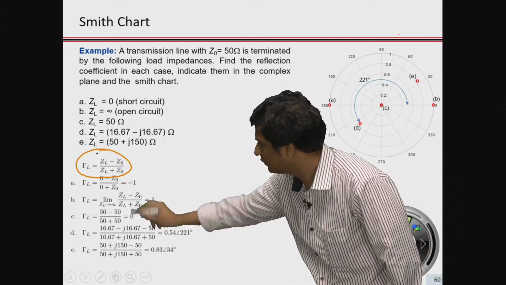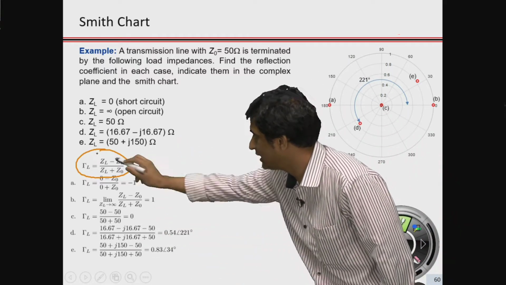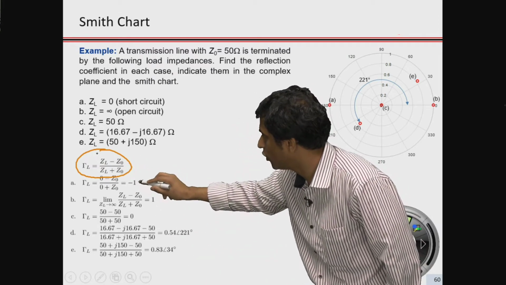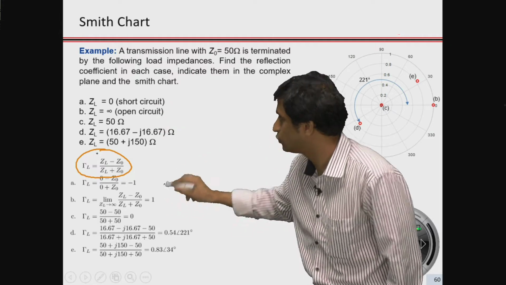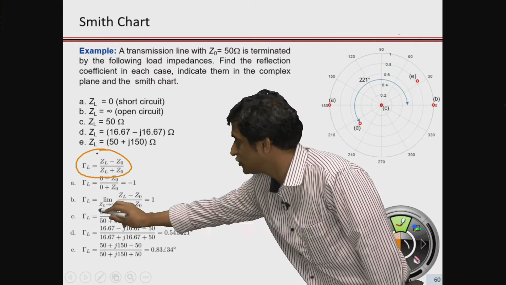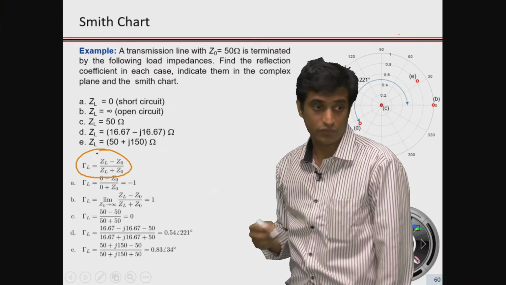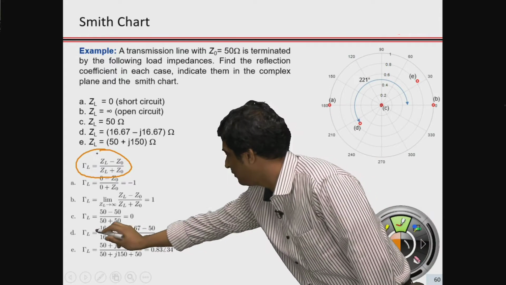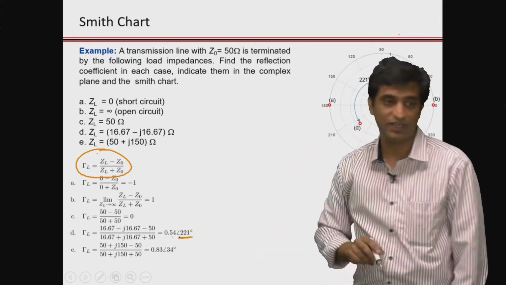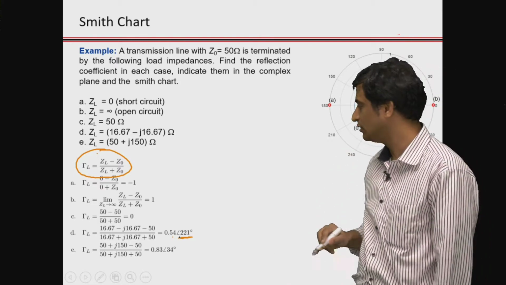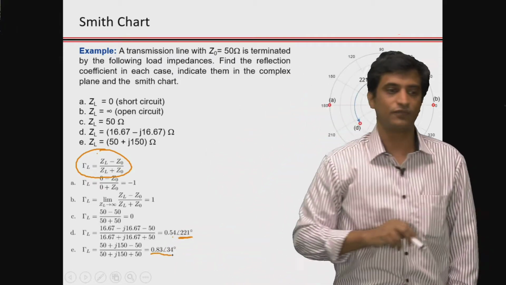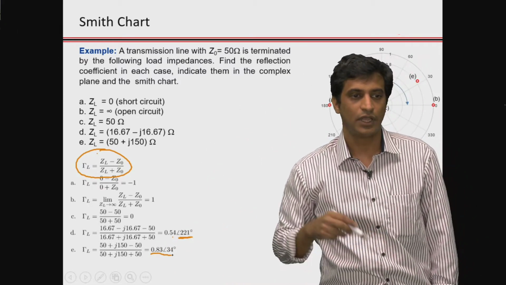If we do the analytical calculation based on this equation for each given load impedance, we can find the reflection coefficient, and we obtain the values of minus 1 for a short circuit, plus 1 for an open circuit, a reflection coefficient of 0 for a matched circuit, which should be the case, a gamma L of 0.54 and an angle of 221 degrees for the capacitive load, and a magnitude of 0.83 and an angle of 34 degrees for the inductive load.